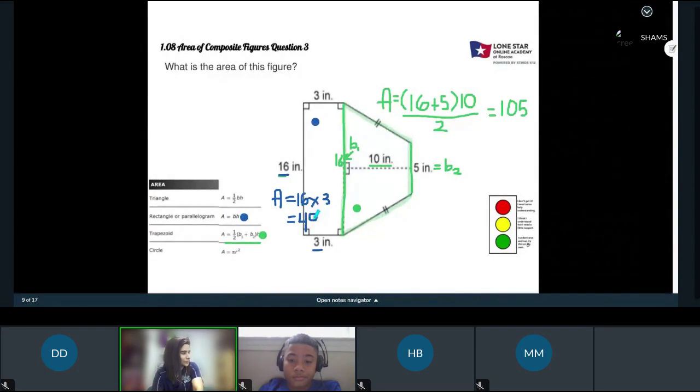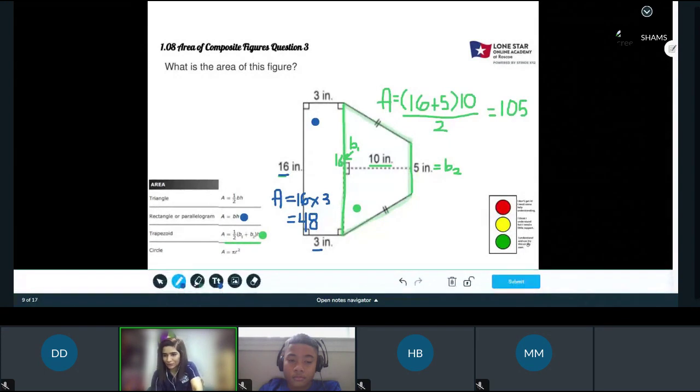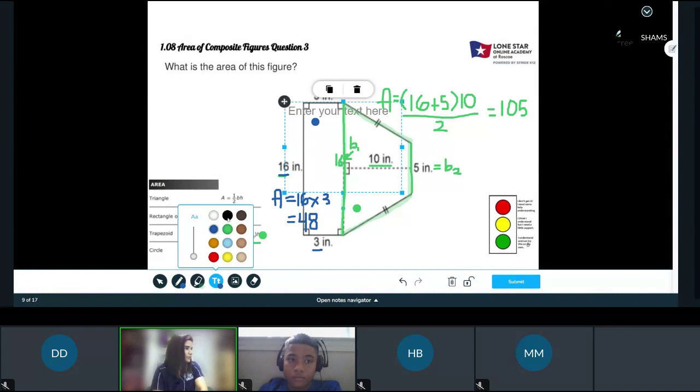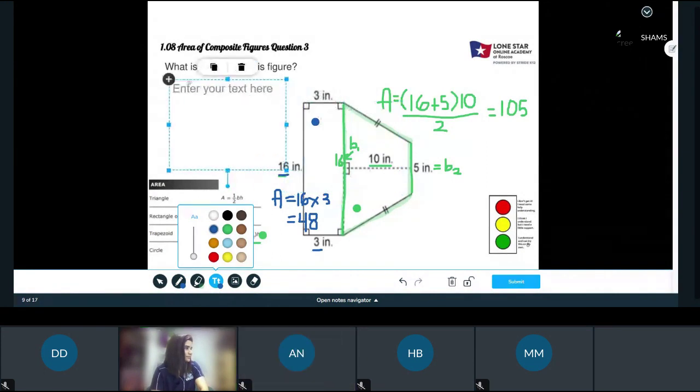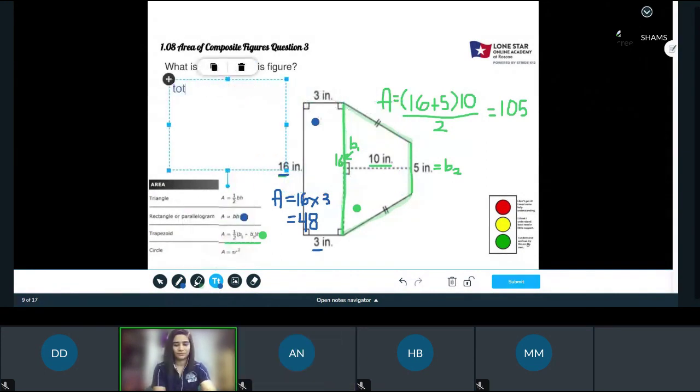Raise your hand if you have questions over it. You can also type in the chat and let me know. Absolutely, Jadine. You are good to go. Then I'm going to find the total. Area of the trapezoid is 105.